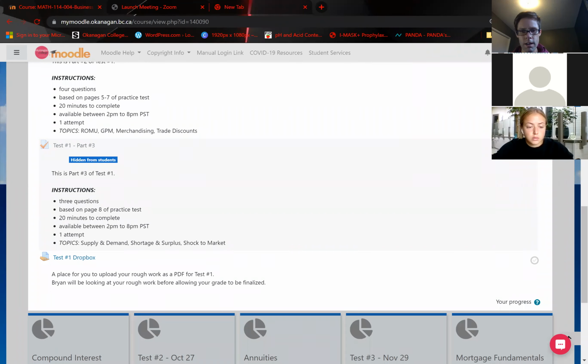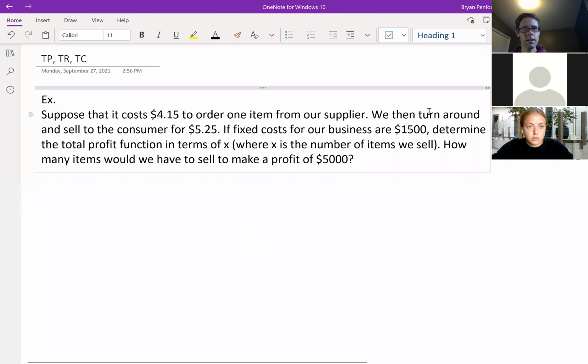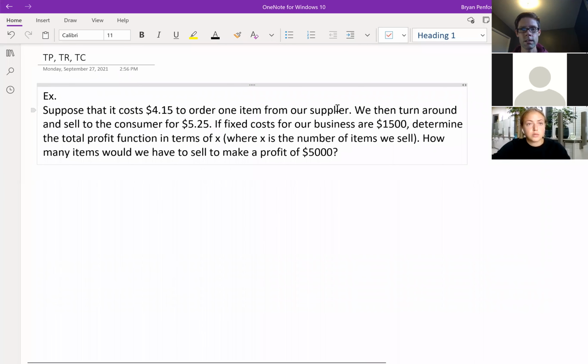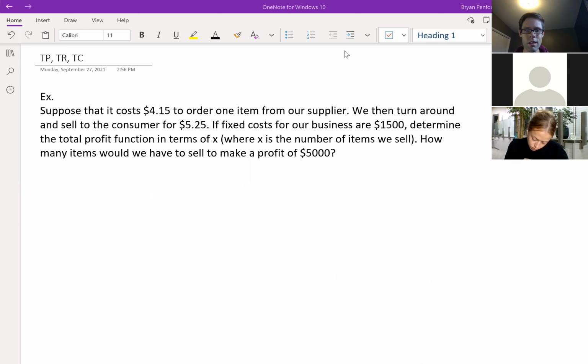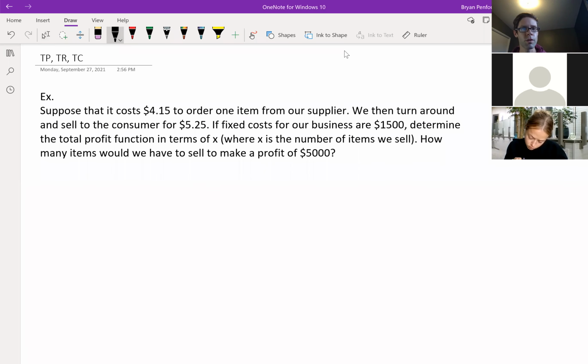All right, so let's bounce back over to here. And we'll start with working on this example. We want to work through a couple questions involving total price, total revenue, total cost. And usually we're going to be utilizing the total profit function as a formula, which hopefully you would have seen in your reading.